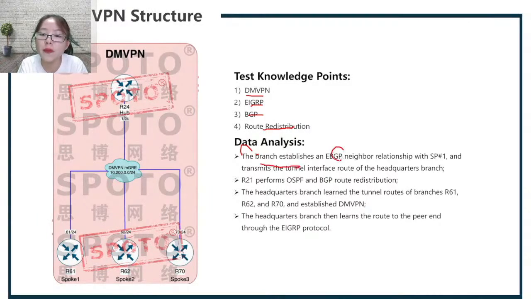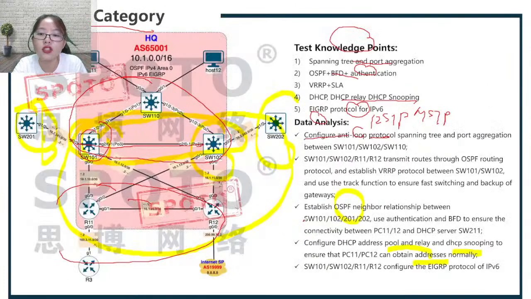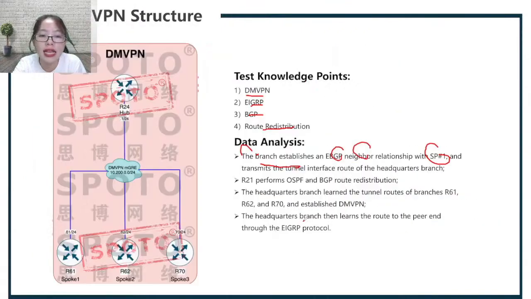establish EBGP neighbor relationships with SP1. We can see the complete topology. Router 61 and 62 and router 70 should establish with SP1 and transmit the tunnel interface route of the headquarter branches.